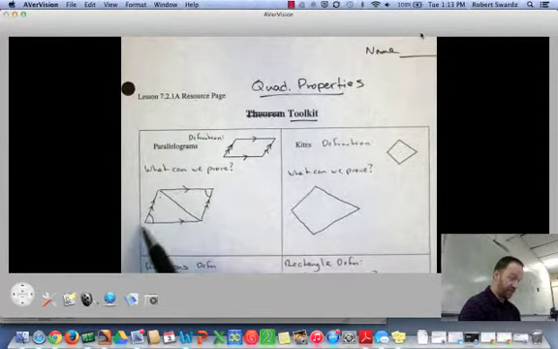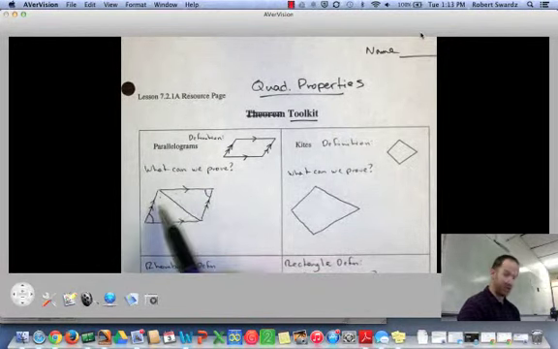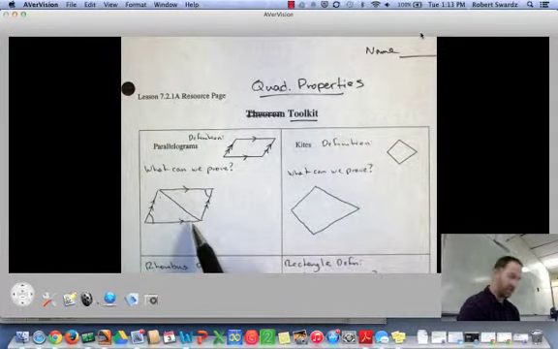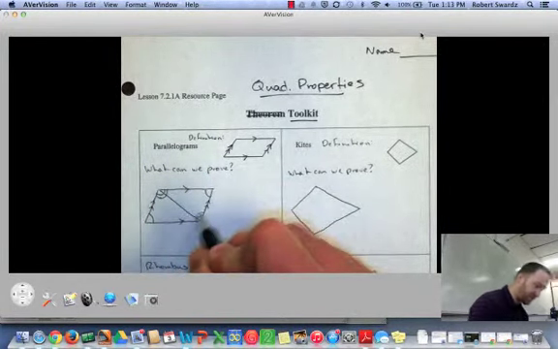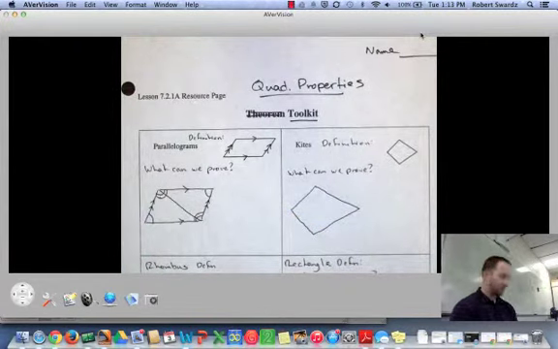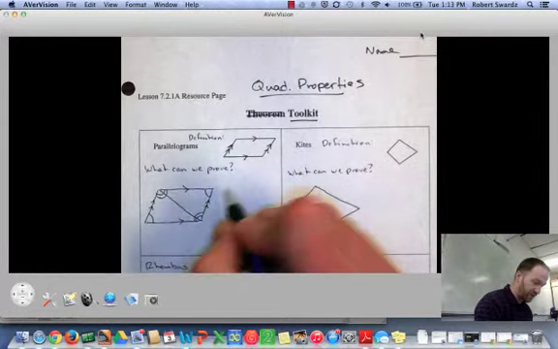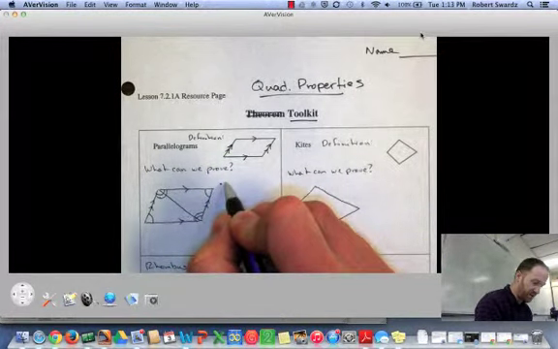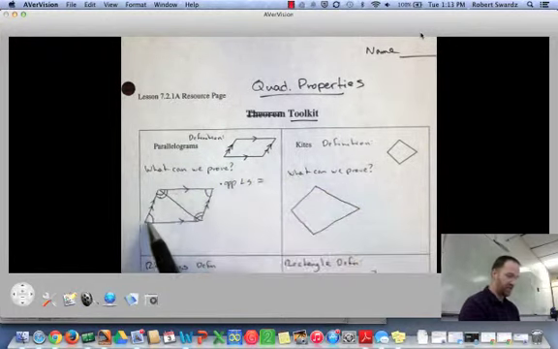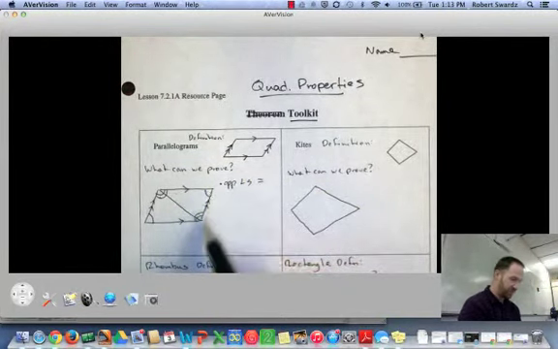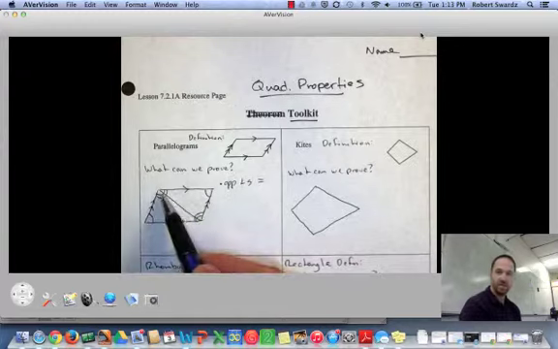Now, if we drew the other diagonal, we could prove that those two triangles were congruent, and we'd be able to say that the other pair of opposite angles are equal too. So one of the things that we've just proven here, in an informal way anyway, is that opposite angles are equal. If this one's 60, this one's 60. This one's 100, this one's 100.